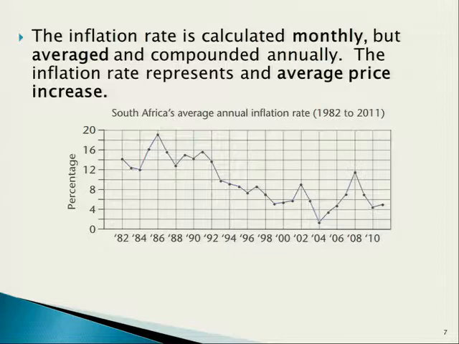So if I look at the overall tendency of this graph, I can see that the inflation rate, in 1986, look at the value of 1986, was almost 19%, which is extremely high for a country's inflation. And then it gradually came down with a few fluctuations up to 2004, where it was at its lowest.